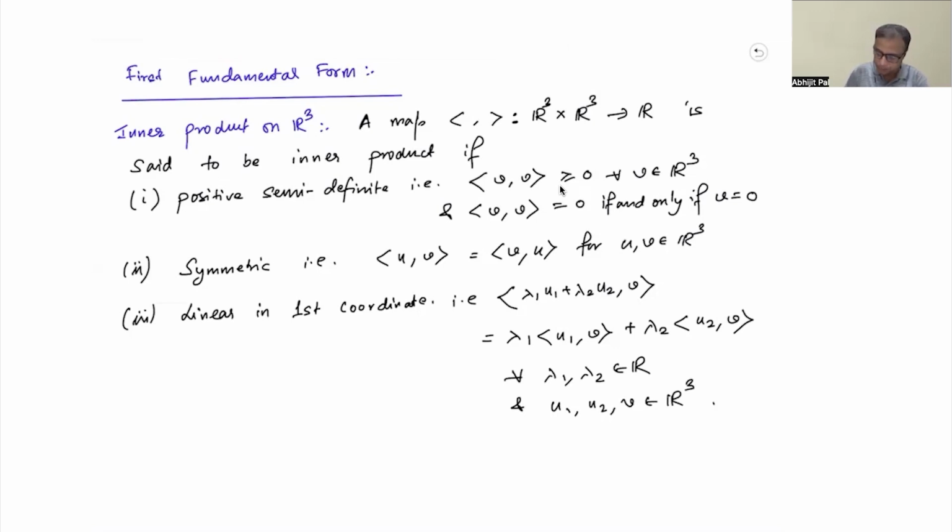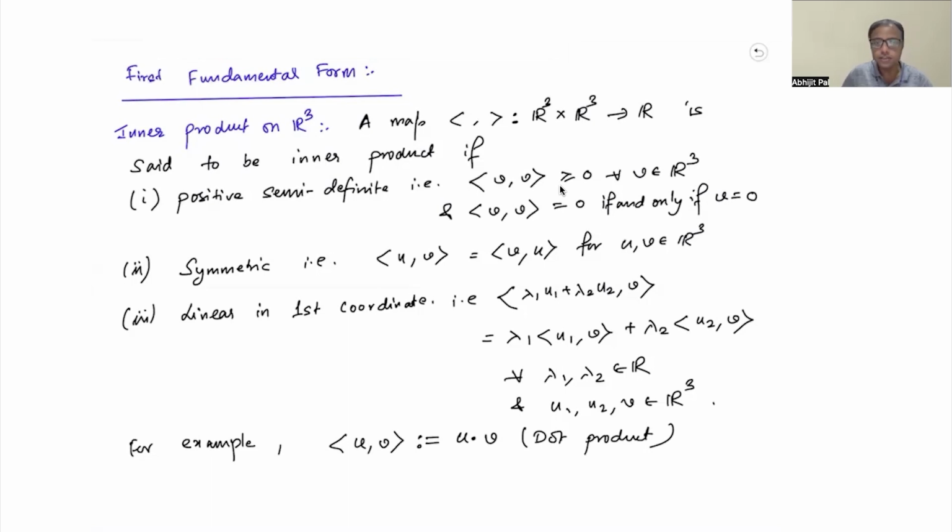Okay. For example, if I take the inner product of U and B to be the dot product, then this map is indeed an inner product on R3.